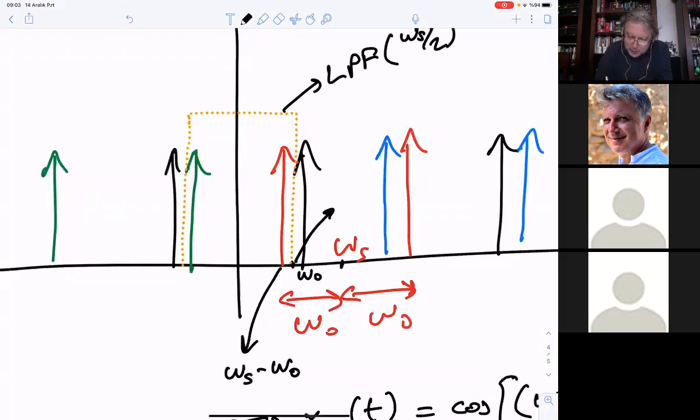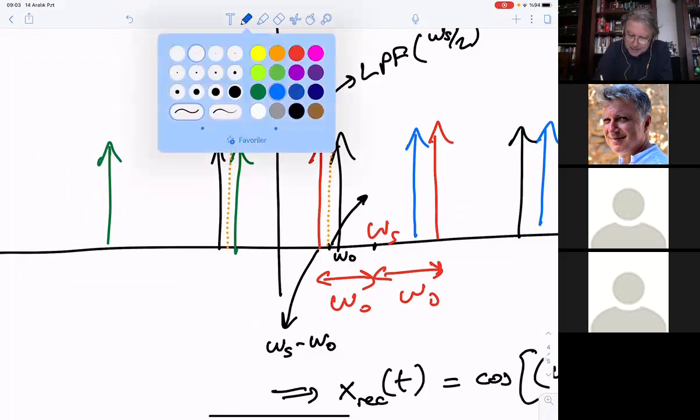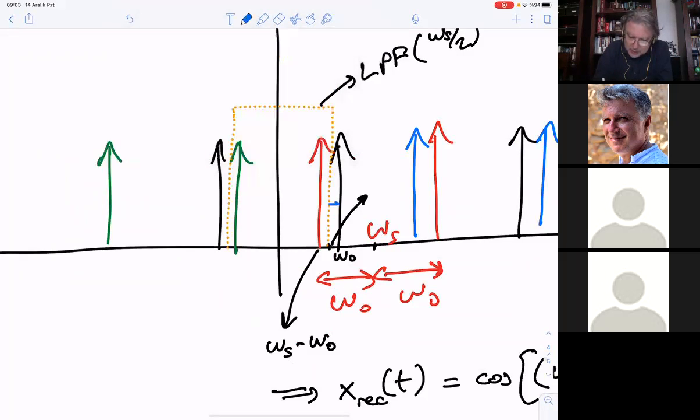These two distances to this point and to this point, starting from omega s, are equal. So the signal is like folded around omega s over 2. One of them appears at omega 0, the other one appears as a shadow or a ghost version inside omega s over 2 at an equal distance.